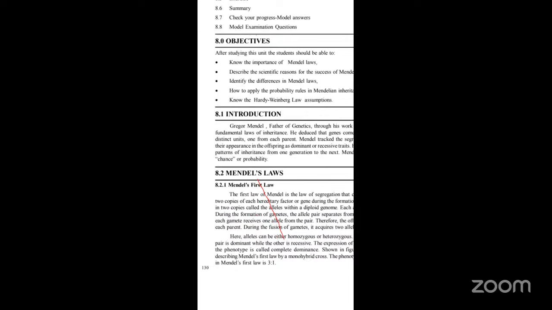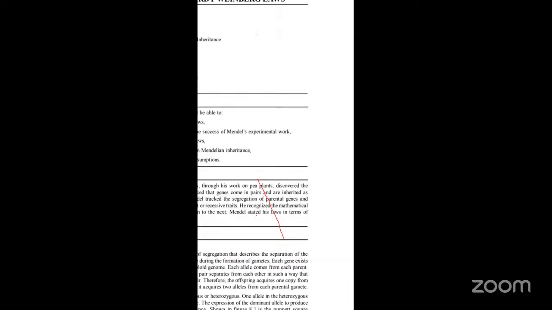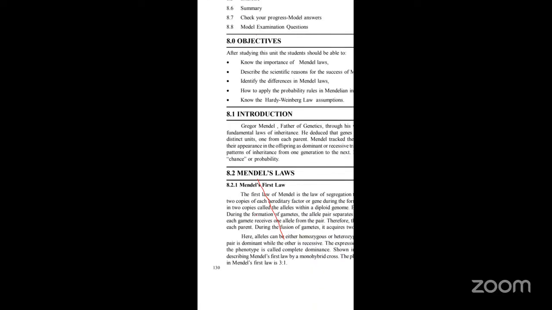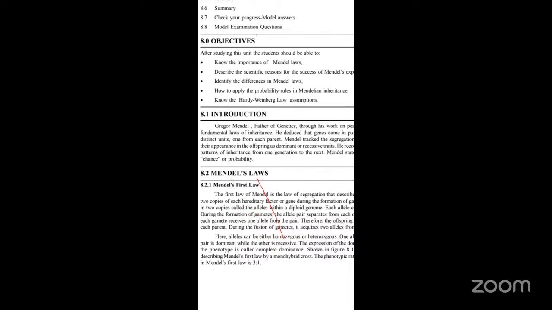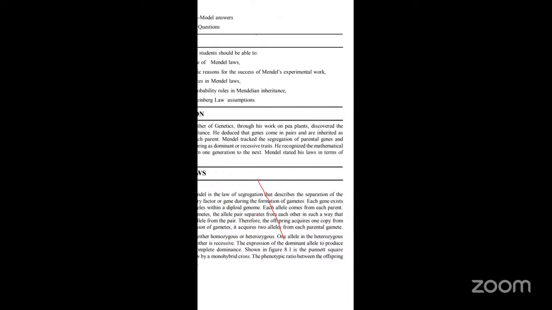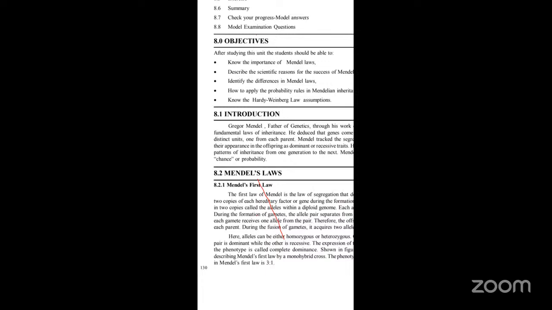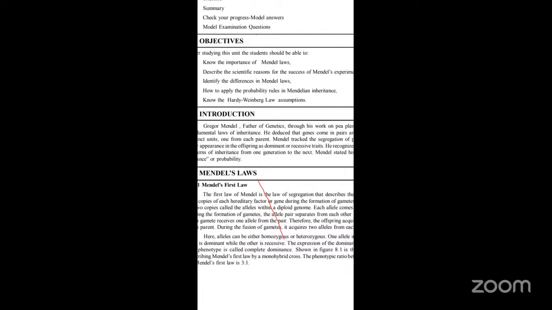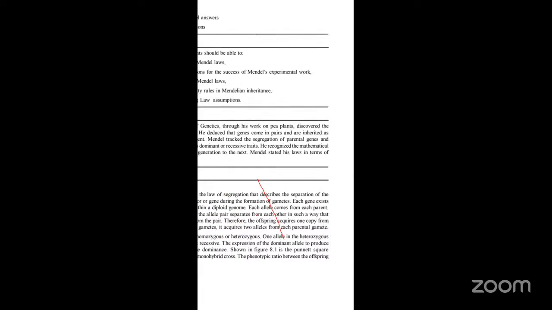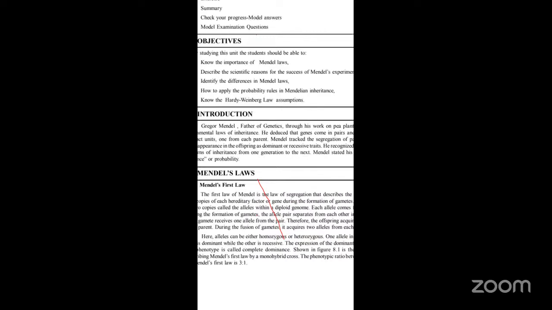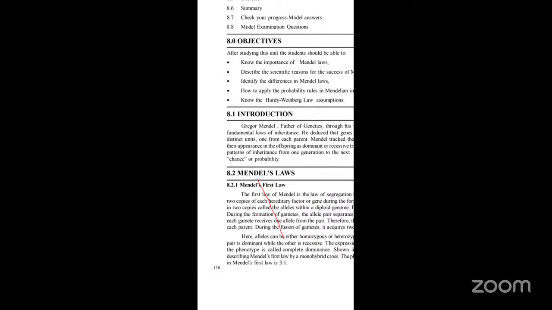So here the first law of Mendel is the law of segregation, which describes the separation of the two copies of each hereditary factor or gene during the formation of gametes. Each gene exists in two copies called alleles in a diploid genome. Each allele comes from each parent.